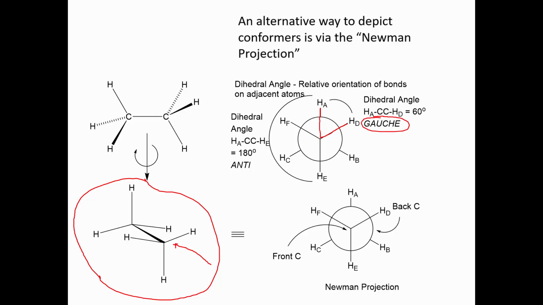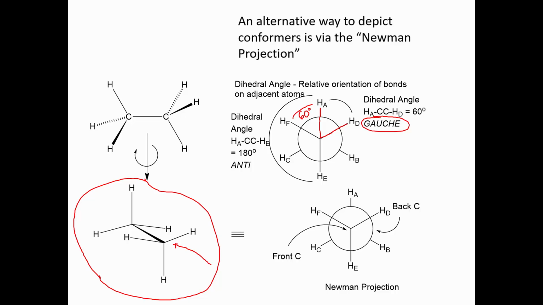So that is a gauche relationship, 60-degree dihedral angle. All right. HA is also in a gauche relationship with HF, also 60 degrees. The one that's different is HE. HE is totally opposite HA, and if we look at the dihedral angle there, it's 180 degrees.